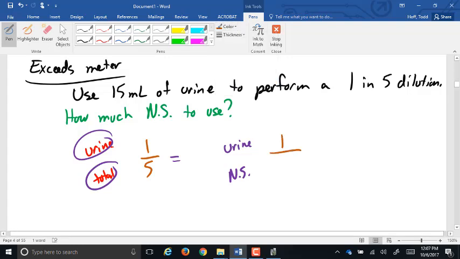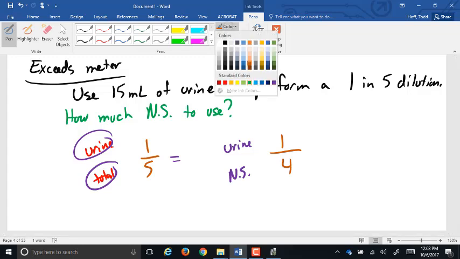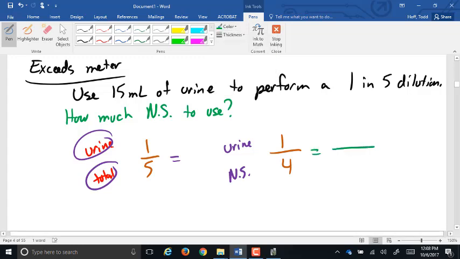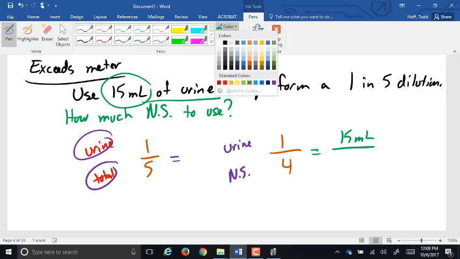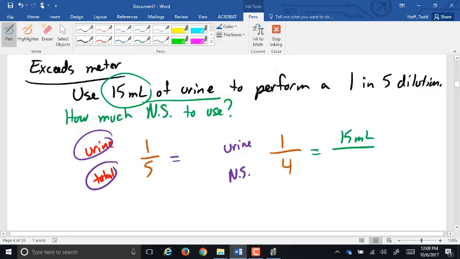How many parts saline? 4. 5 minus 1 makes 4. Right? So now on the other side, we have 15 milliliters. That is urine. That goes on top. And then we cross multiply and divide. 4 times 15 divided by 1 is 60 milliliters. So we will mix 60 milliliters of water with our 15 milliliters of urine.